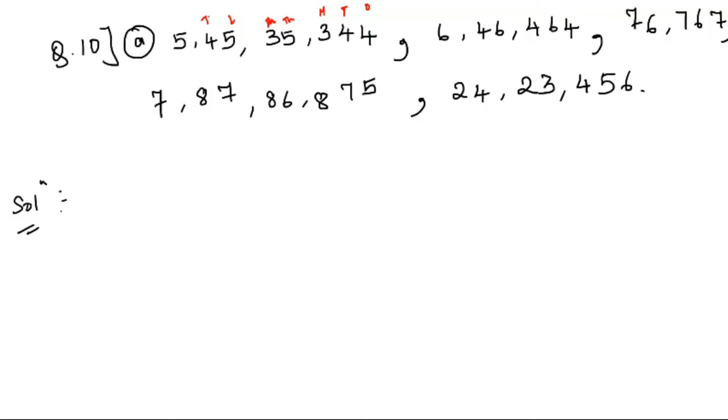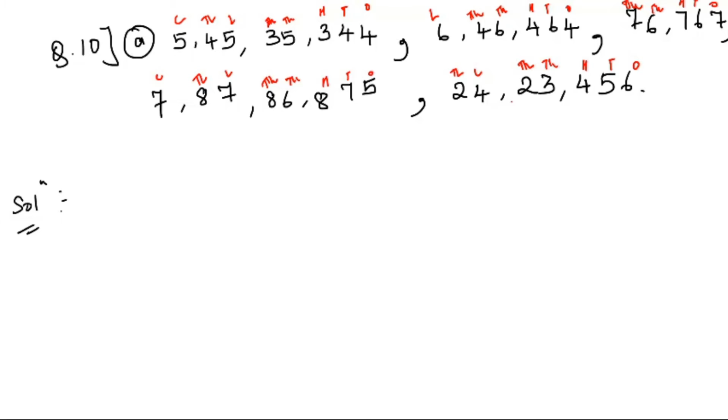Again for the next one, ones, tens, hundred, thousand, 10,000, lakh, 10 lakh, crore. So from these 5 numbers, the smallest one is 10,000.